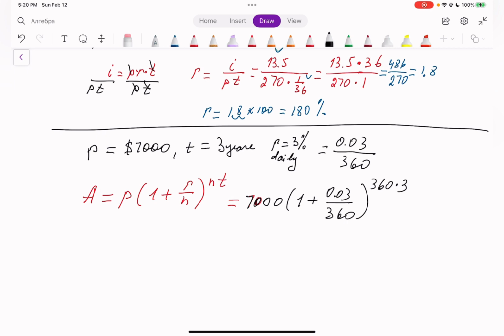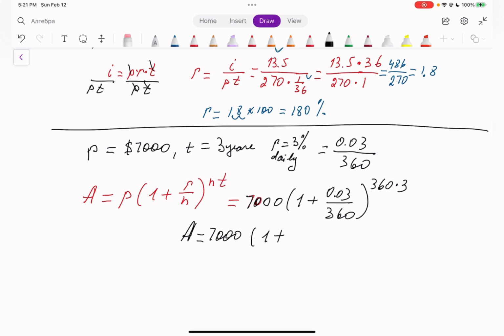How much is it going to be? This is going to be equal to, and I'm going slow because it's a lot of small-number calculation, 1 plus, and we are not rounding till the end, guys. 0.03 divided by 360 and plus 1.